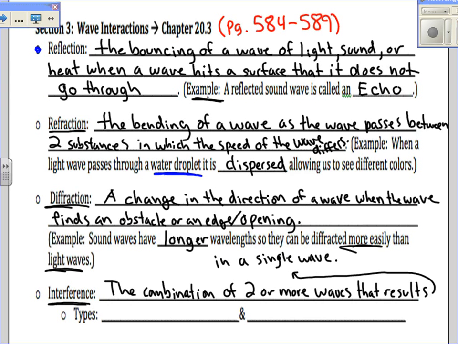Okay, so this is interference. Now, there are two types of interference. These two types include constructive interference and destructive interference.